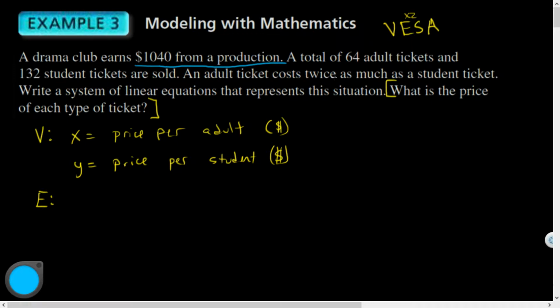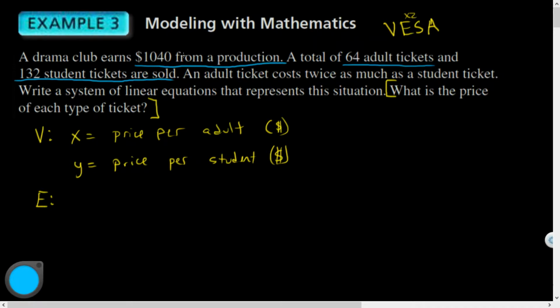Okay? That the number of tickets they sold was 64 adult tickets and 132 student tickets.